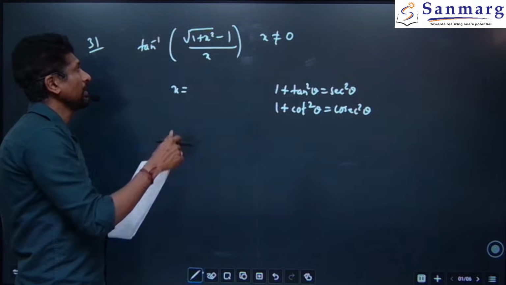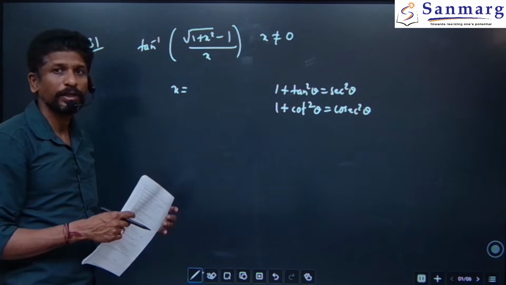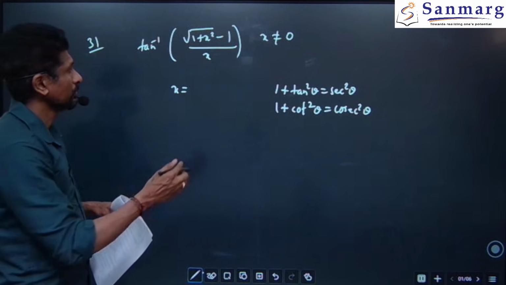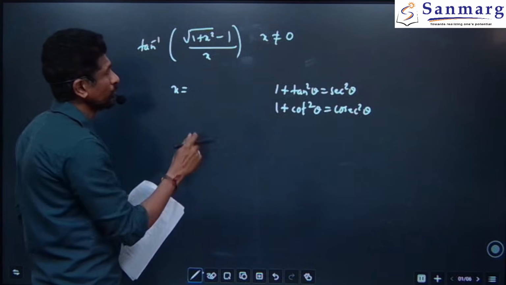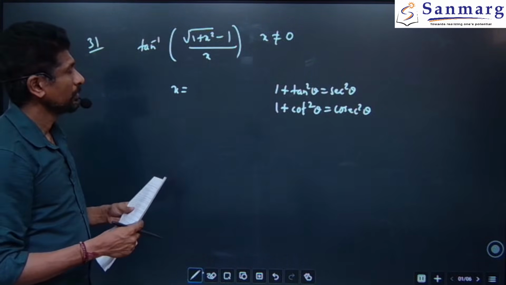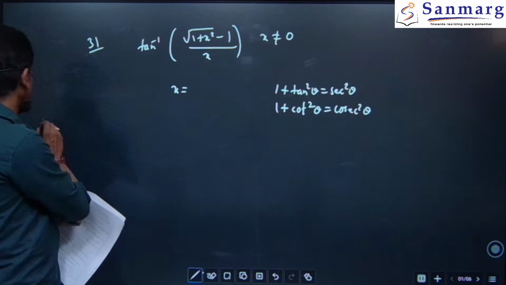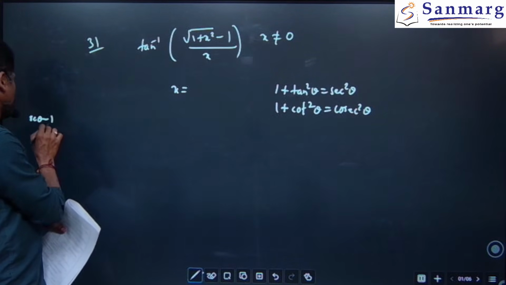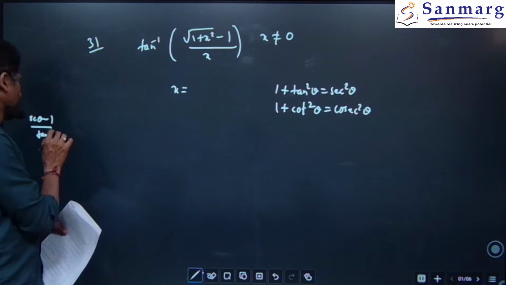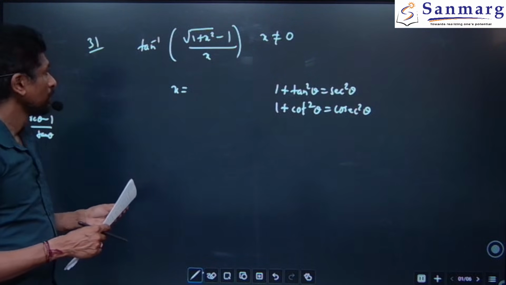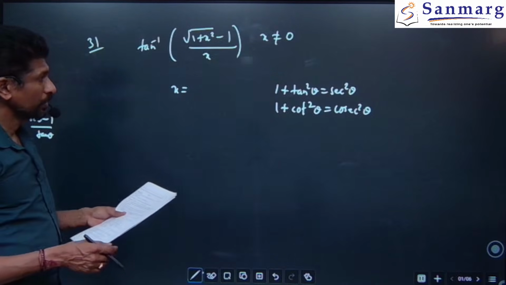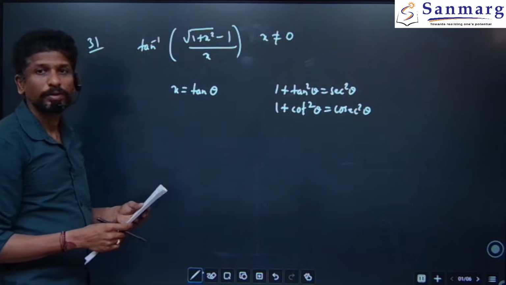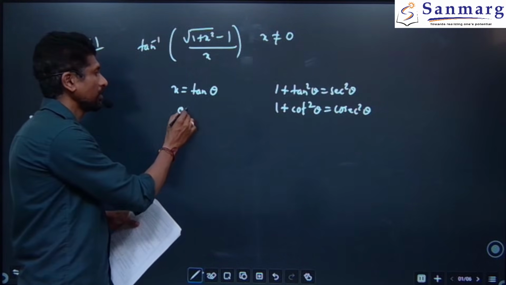But finally the outside tan inverse must be cancelled. First I will assume x equal to tan theta, because theta becomes tan inverse of x.